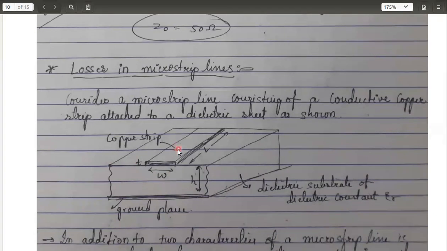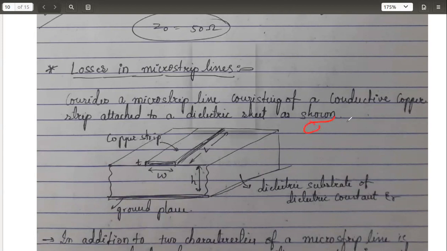The second loss in this microstrip line is due to this strip, and we know that this is the copper strip. We require conduction, propagation is required, so it is a conducting material made of copper. Because of this, you have a conductivity, and you will come across resistance. Conductance and resistance are reciprocal, you know this.